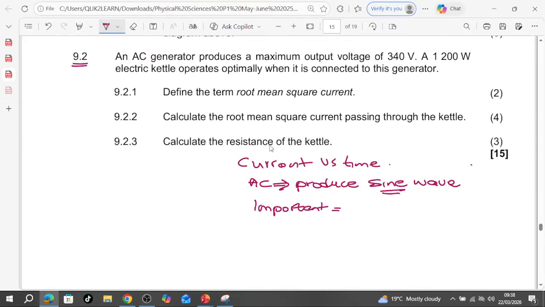So now, the current versus time produces a sine wave. The important details that you need to understand when we talk about the AC generator.